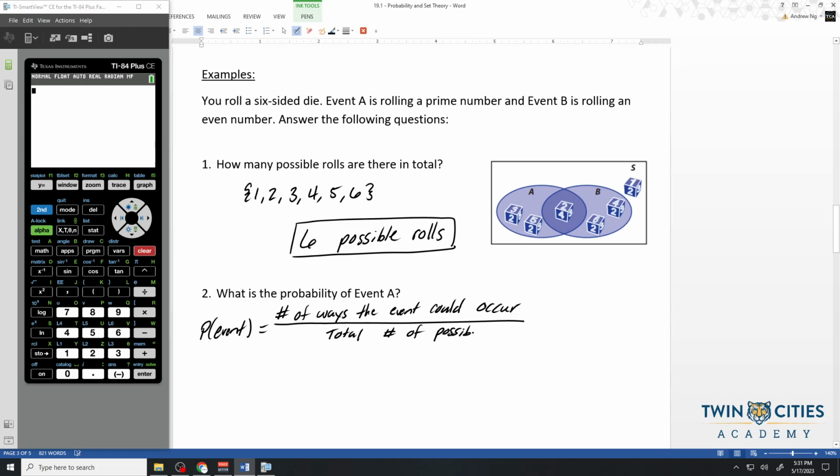In this case, there are 1, 2, 3 prime numbers over 6 possible rolls.